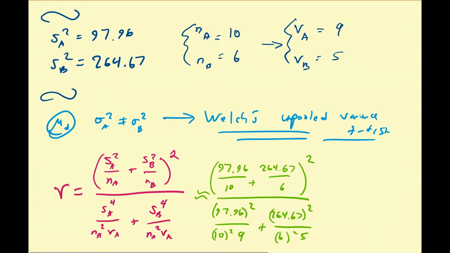So if you do this correctly, you should get 2,905.93 up top, divided by 711.15, approximately.